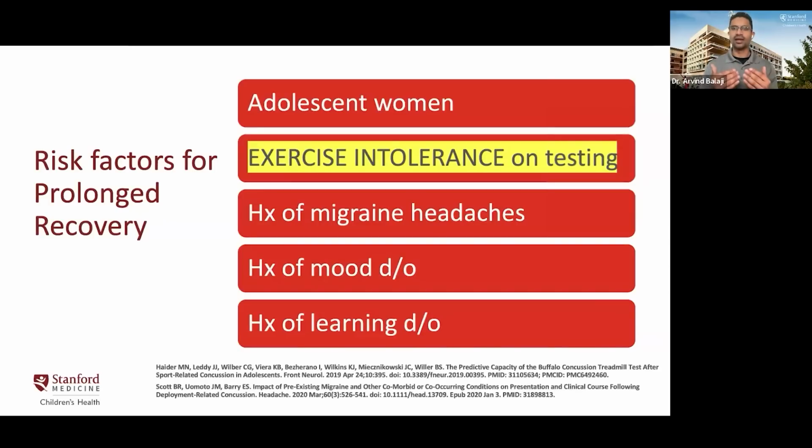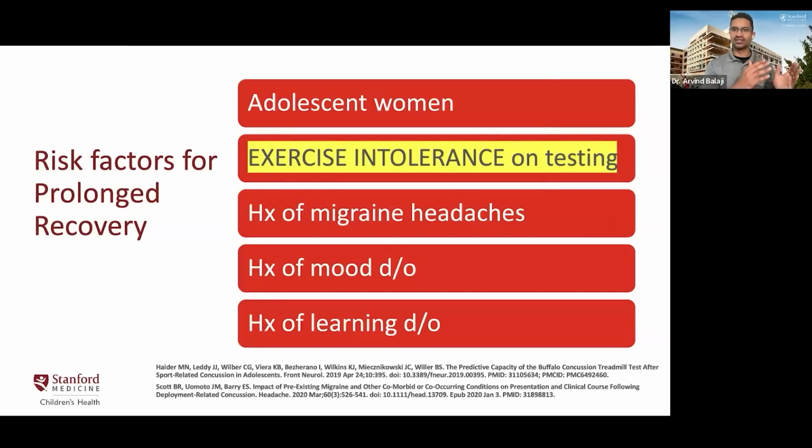And so they may not present early to healthcare providers, not because of any other reason other than they don't describe their symptoms in a typical fashion. And so what happens is that it takes longer for them to get seen by a provider that can properly evaluate them and get them on the pathway to recovery.